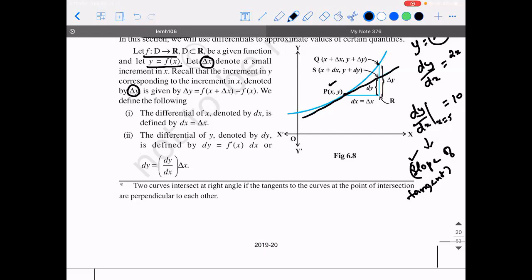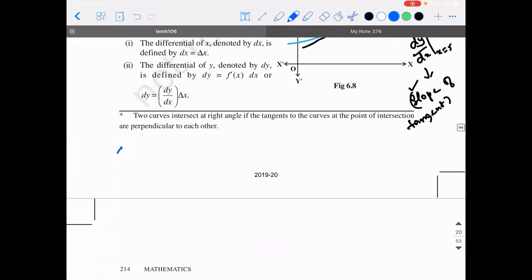If I take the coordinates of this point, it will be x plus dx comma y plus dy. And if I take the coordinates of this point, it will be x plus delta x comma y plus delta y. Here the approximation is done in such a way that delta y by delta x is approximately equal to dy by dx.